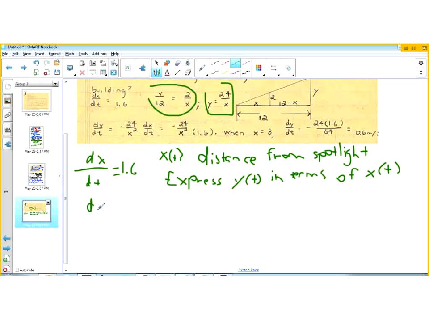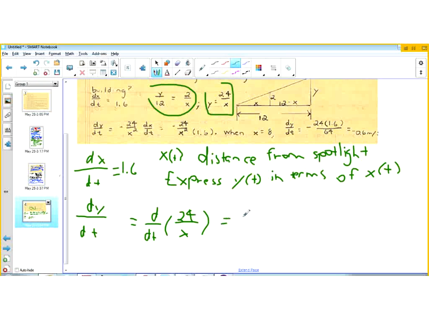As the guy walks toward the wall, the height of the shadow changes. Knowing that Y and X are functions of time, the change in Y with respect to t is equal to the change with respect to t of this function 24 over x, which is a hyperbola, by the way.